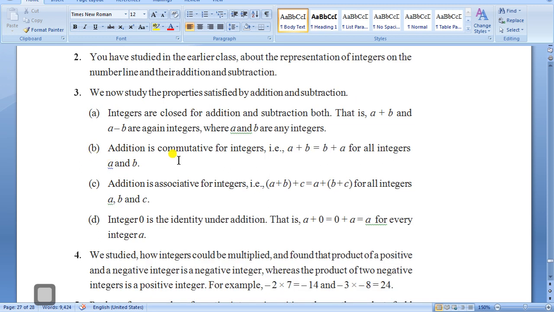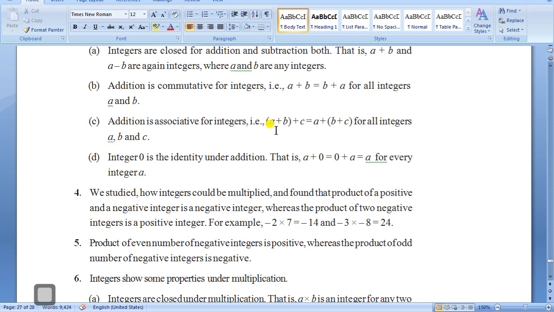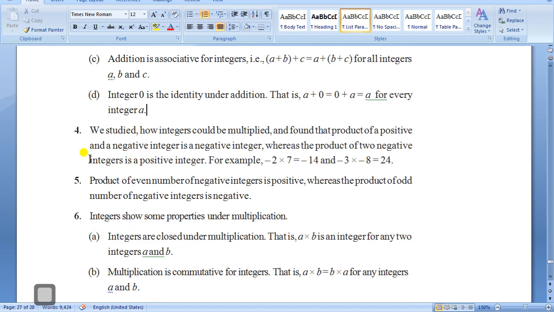Integers are closed for addition and subtraction both, that is a plus b and a minus b are again integers where a and b are any two integers. Addition is commutative for integers, that is a plus b is equal to b plus a for all integers a and b. Addition is associative for integers, that is a plus (b plus c) is equal to (a plus b) plus c for all integers a, b and c. Integer 0 is an identity under addition, that is a plus 0 is equal to 0 plus a is equal to a for every integer.